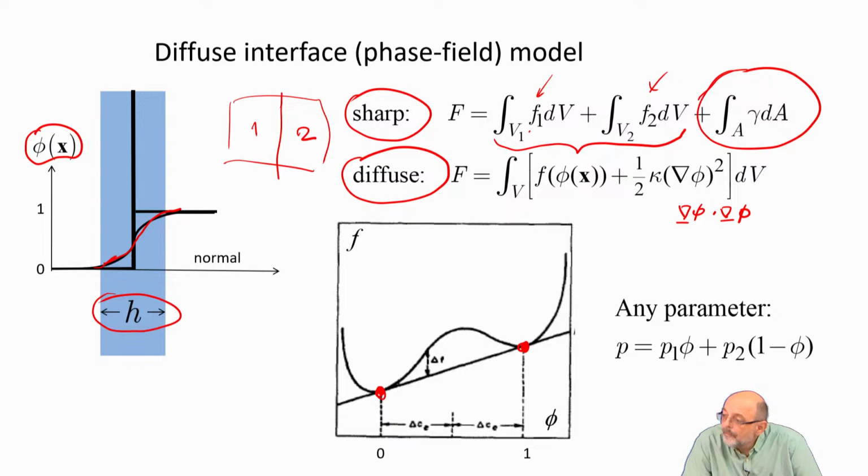Phi is the phase field variable, something I dreamed up. I said I will introduce a variable which is 0 here and 1 there. If, say, you are looking at the motion of a liquid surface, my phase field is 1 in liquid, 0 in gas. That's all I'm saying.